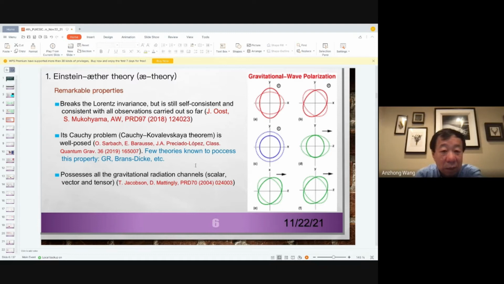As far as I know, there are only a few theories that possess this property. Also, this theory possesses all the gravitational radiation channels, scalar, vector, and tensor, as just mentioned. So this is interesting in several aspects.